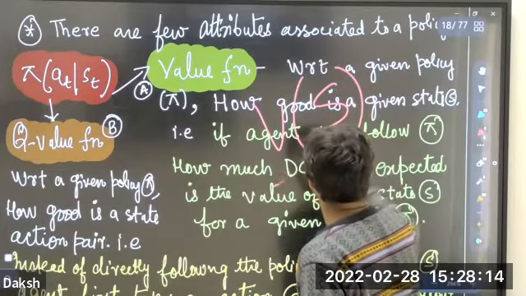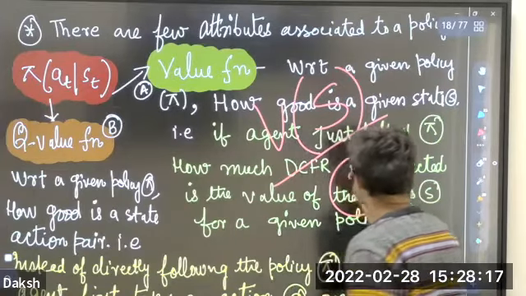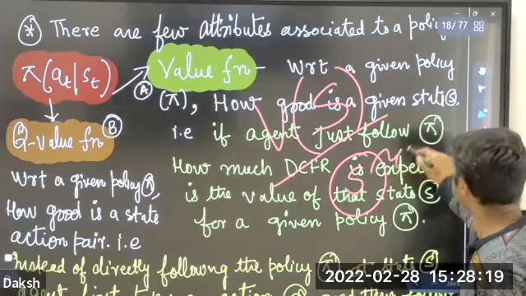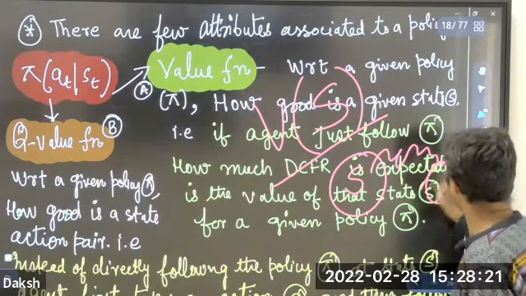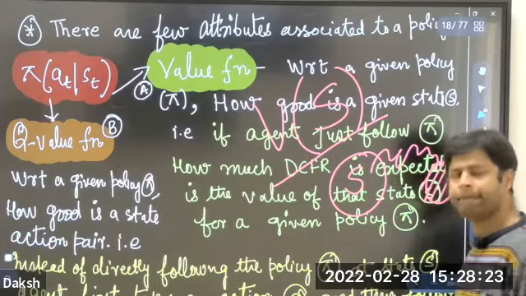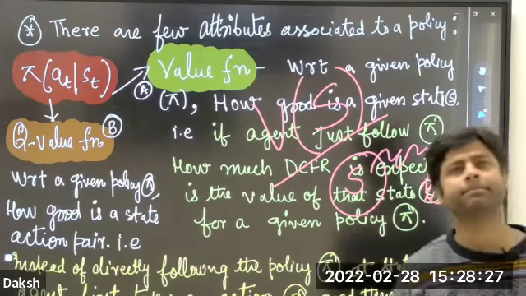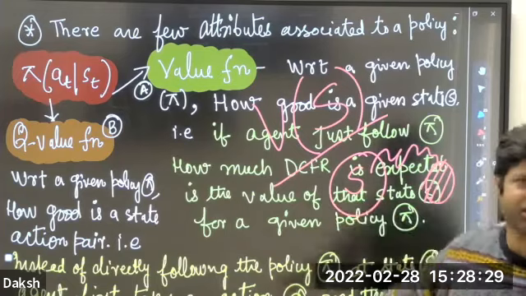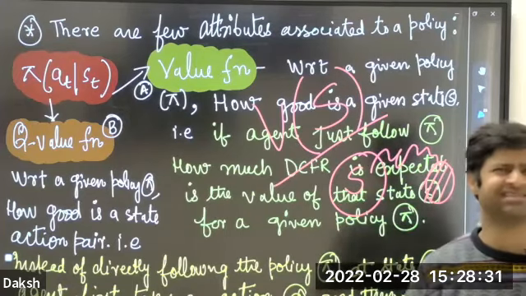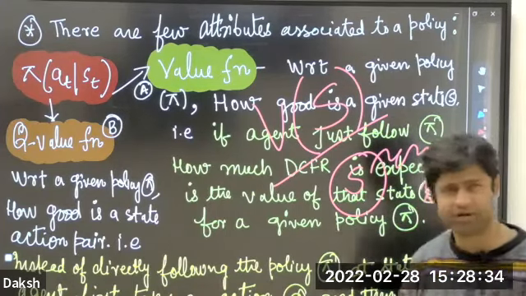Now, what is the meaning of this? That you are at state S, and now you keep on moving. And then you see how much discounted cumulative reward you have got. That is how good this state is. But you don't do it just one time, you do it for a good amount of time.